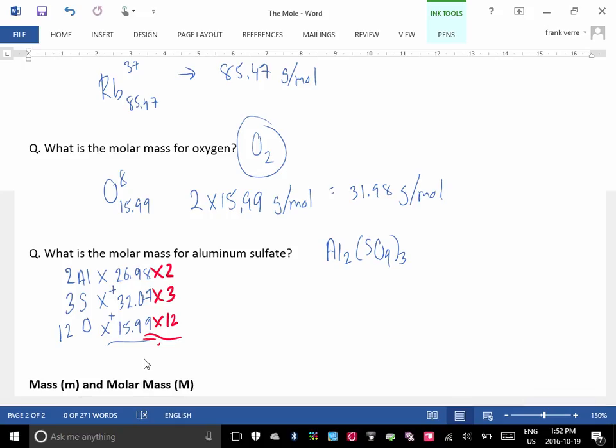No, because you have to represent the amount for each atom. Okay? Because otherwise, if you do it that way, then you're saying the amount of aluminum, sulfur, and oxygen is the same. But it's not. You can see there's 2 aluminum, 3 sulfur, and 12 oxygen.